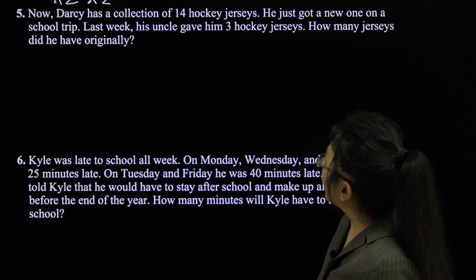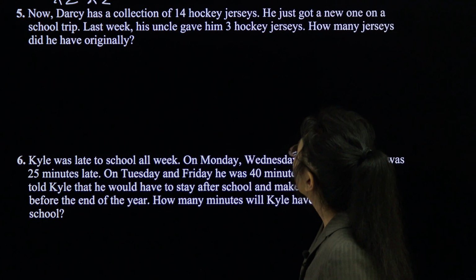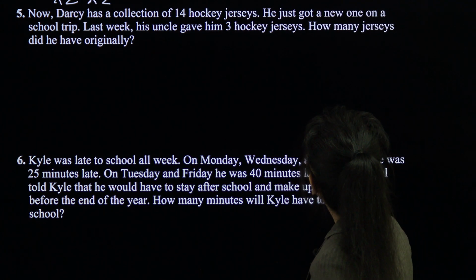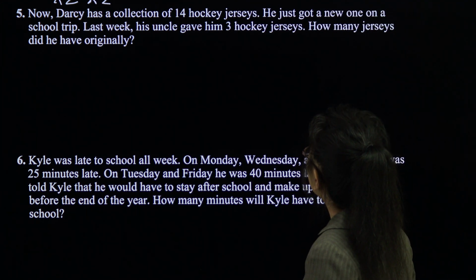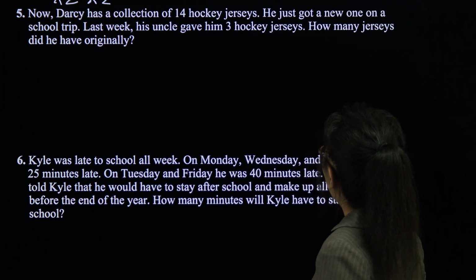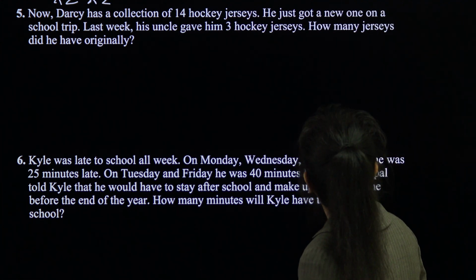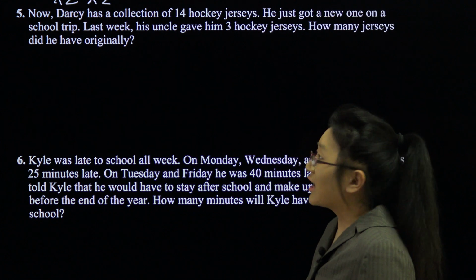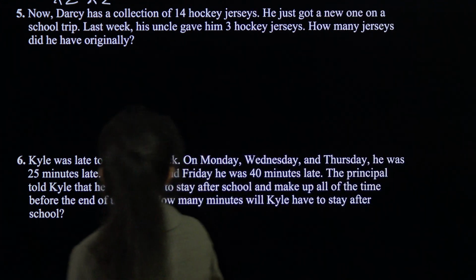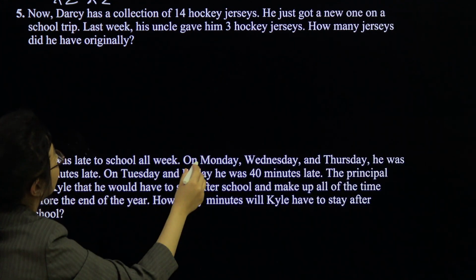Now, Darcy has a collection of 14 hockey jerseys. He just got a new one on a school trip. Last week, his uncle gave him 3 hockey jerseys. I am about to make a Canada joke. I'll stop. How many jerseys did he have originally? Which is basically before these 2 events.